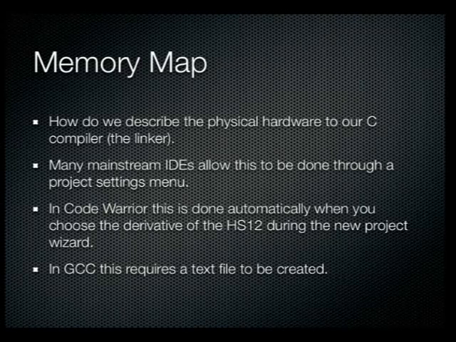So the assembler and the C compiler know exactly where each component of your code needs to go and know the size limitations. When it comes to using a GCC compiler like the M68HC12 GCC compiler, we have to define our memory map using a text file.